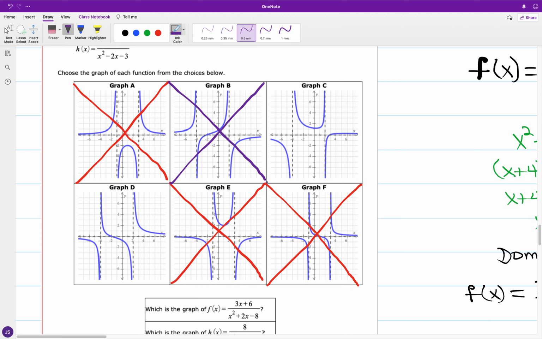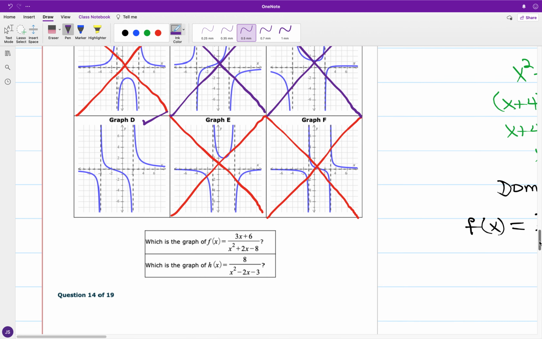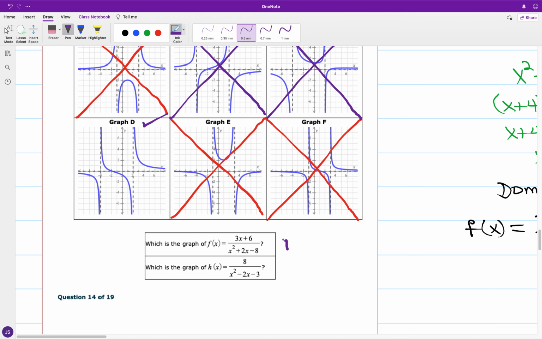Here we have a positive y value, and here we have about negative 3/4 for the y-intercept. So graph D checks out, and the graph best suited to represent the function f of x equals 3x plus 6 over x squared plus 2x minus 8 is graph D.